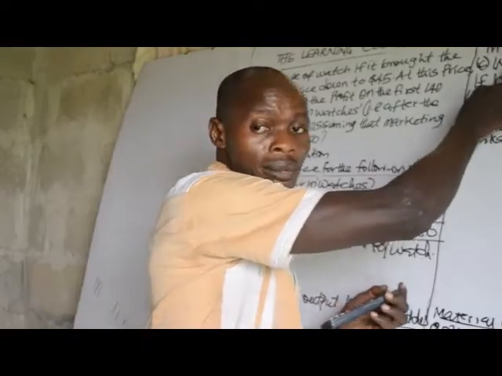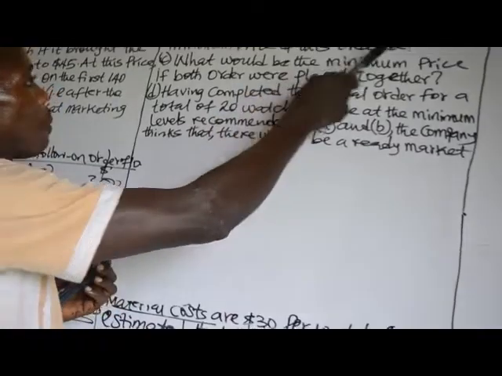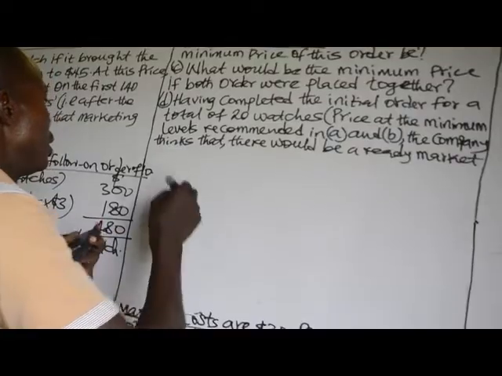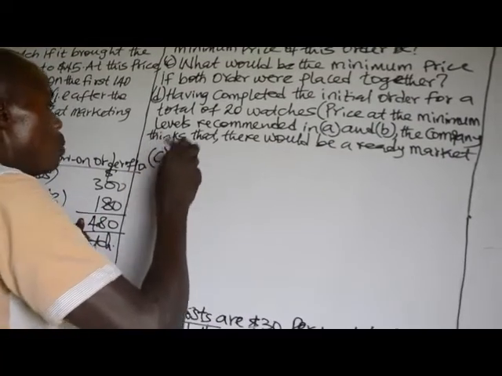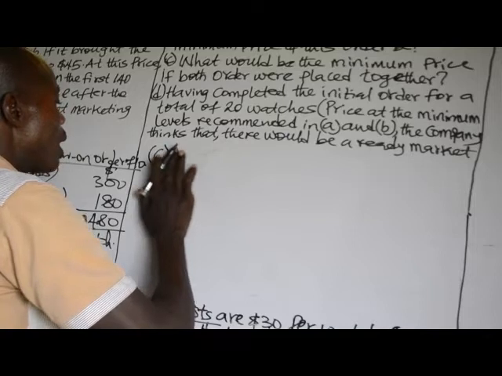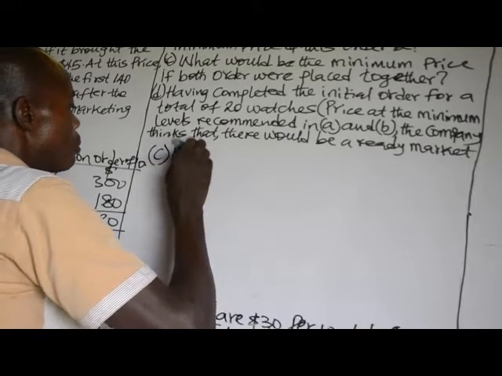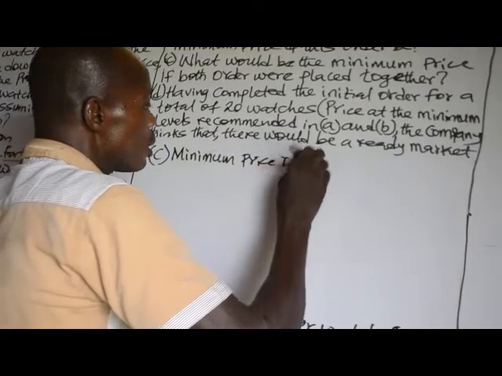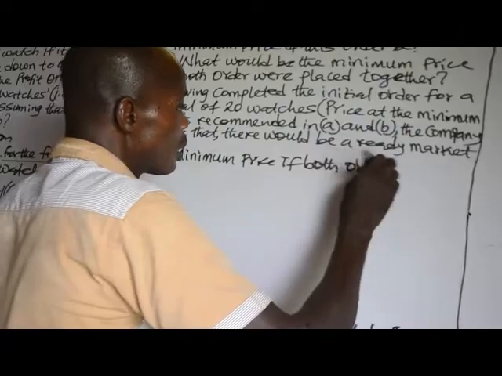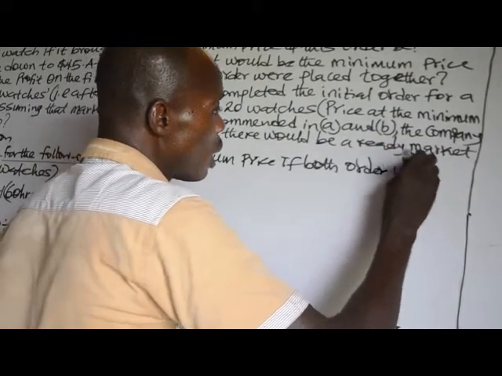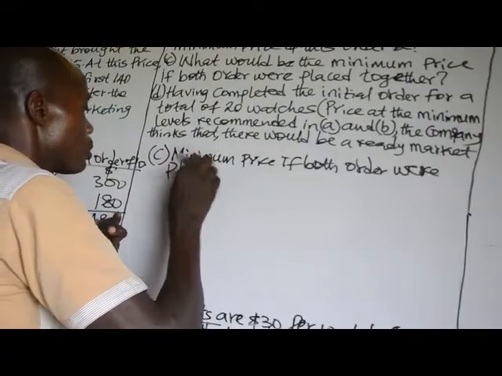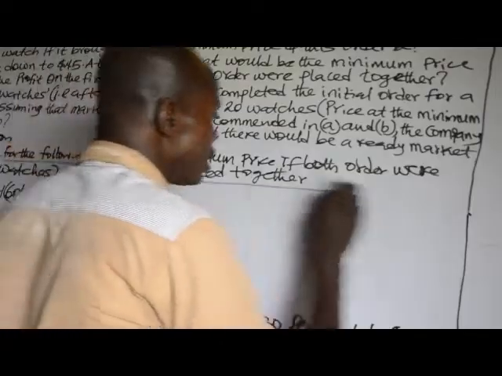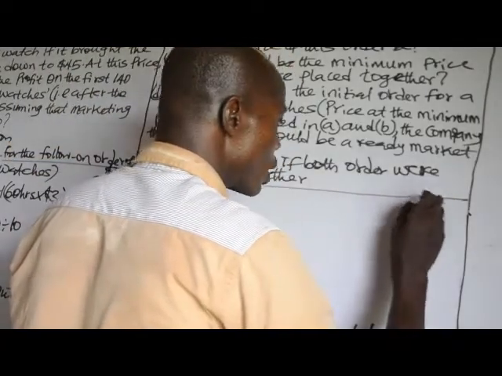Finally, we also have C. What will be the minimum price if both orders were placed together? Now, both orders amount to 20 washes altogether.